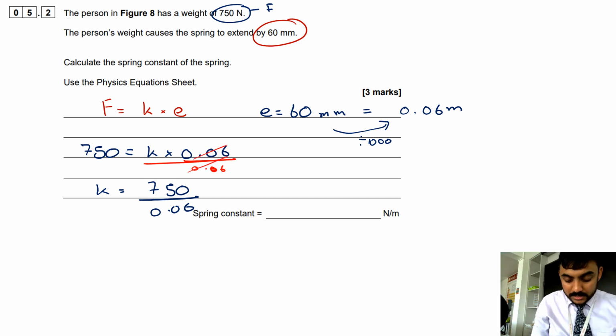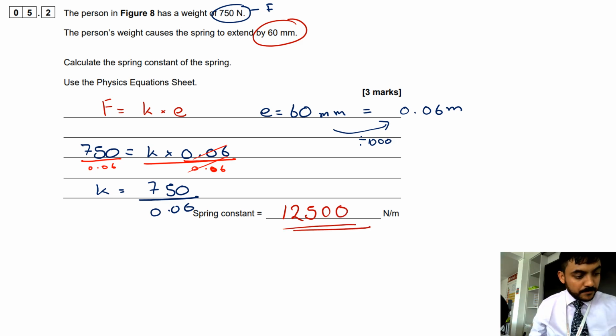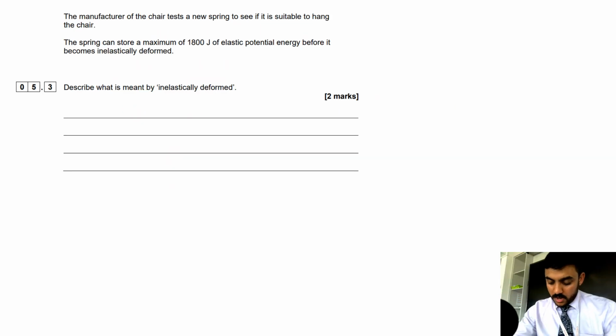But if you do that onto one side, you have to do it onto this side, and now that every term next to k cancels out, you can see that k is equal to 750 divided by 0.06. And finally, you just write down what the answer is, which happens to be 12,500 newton meters.